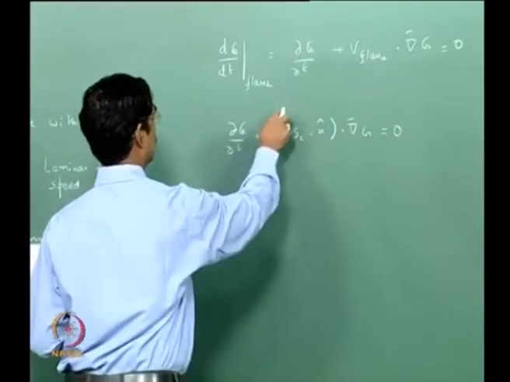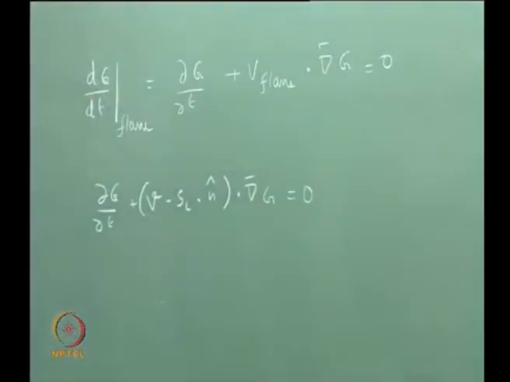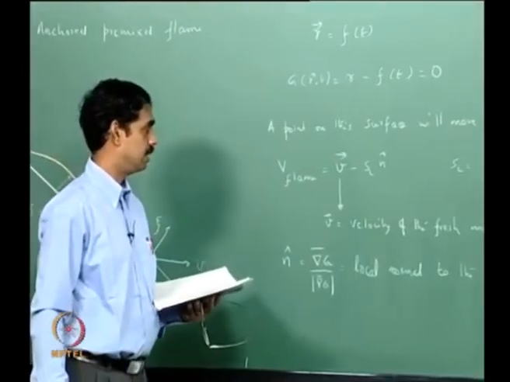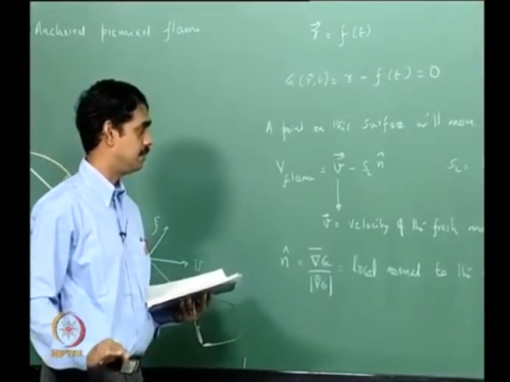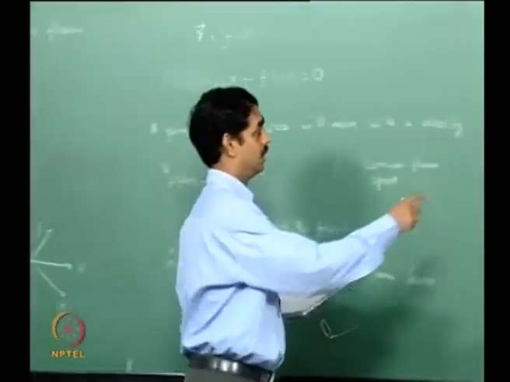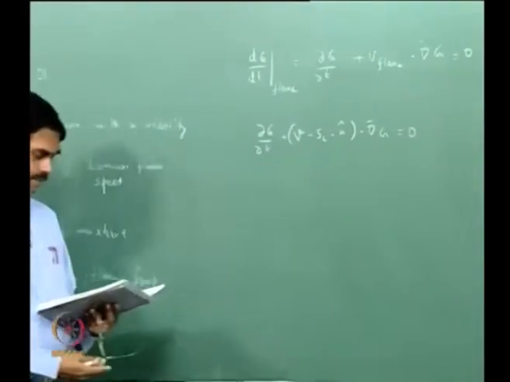This equation can be rewritten as this, where we said that V flame is V minus SL times N, that is the imbalance between the mixture velocity and the flame speed, and so that is what I put in here for V flame.